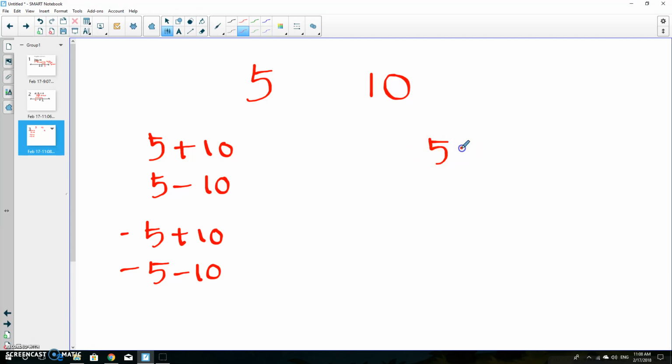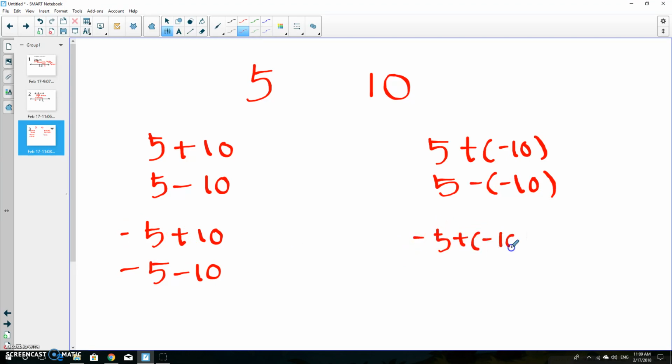So we have 5 plus negative 10, 5 minus negative 10. Am I missing anything? Of course, it's the negative 5 and negative 10 combination. Negative 5 plus negative 10, and then negative 5 minus a negative 10. I'm pretty sure I have everything already. It's just add or subtract at the end of the day. So we're going to look into each individual case.